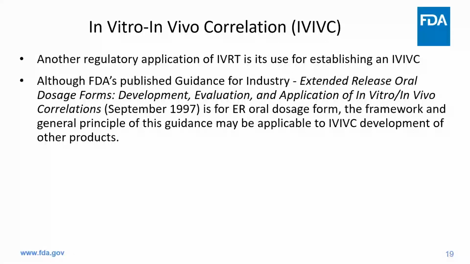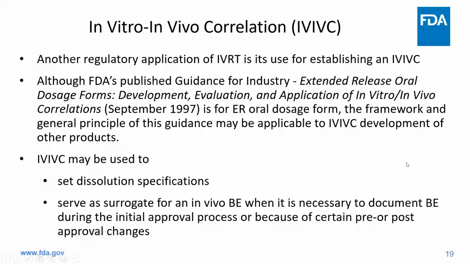Although this guidance for industry is for ER oral dosage forms, the framework and general principles of this guidance may still be applicable when you develop IVIVC for those complex ophthalmic, injectable, or inserted products. If an IVIVC is successfully developed, you may use that to set dissolution specifications or use that to serve as a surrogate for an in vivo BE study.